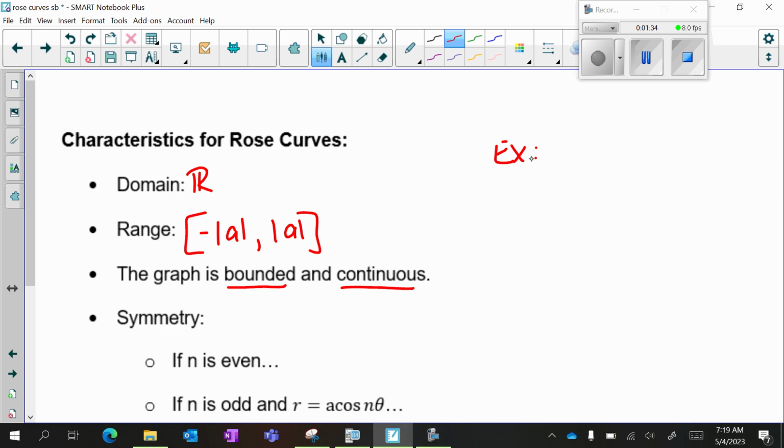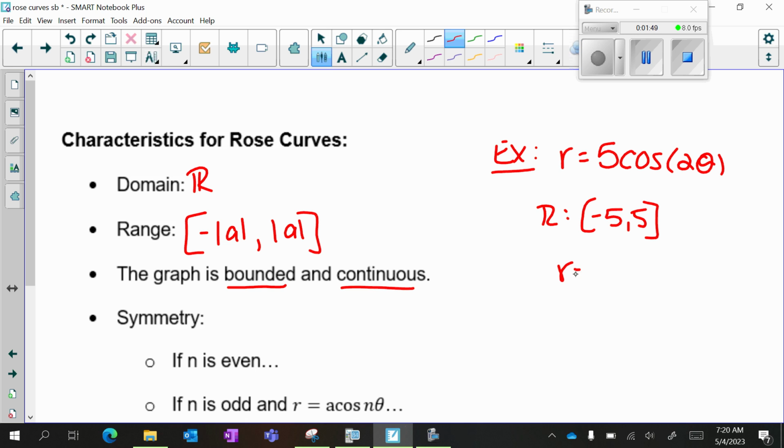So for example, if I have r equals 5 cosine 2 theta, my range would be negative 5 to 5. If my equation was r equals negative 3 sine 2 theta, my range would be negative 3 to 3.